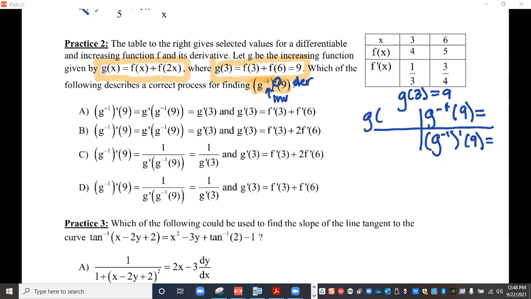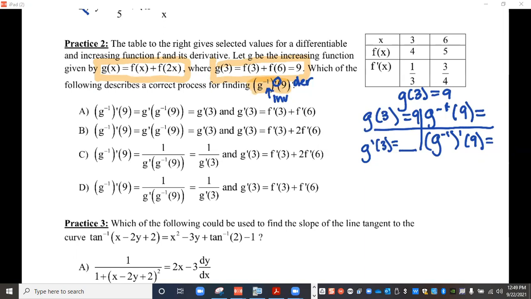So g of something has to be equal to 9. What is that x value there? 3. So then g prime of 3. If I know g prime of 3, I can find the value of the derivative for the inverse of g. Any questions so far on how I filled out this table?